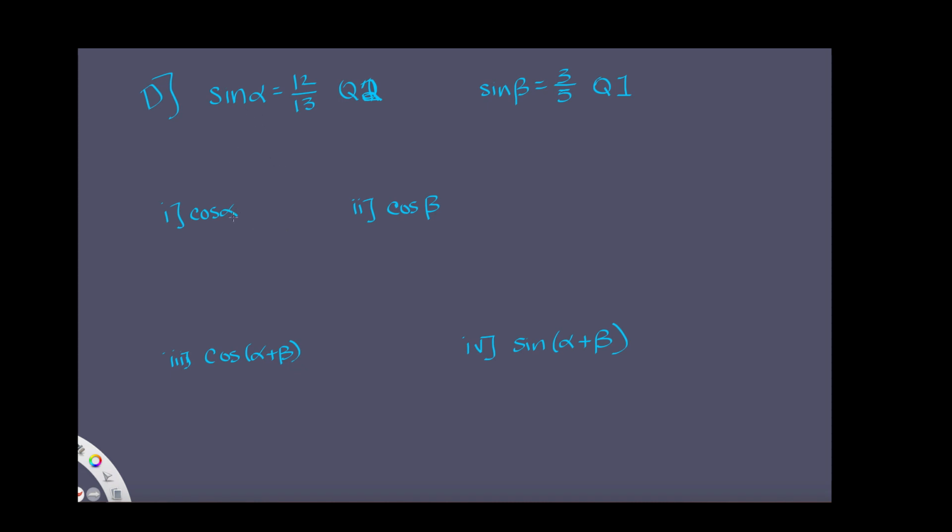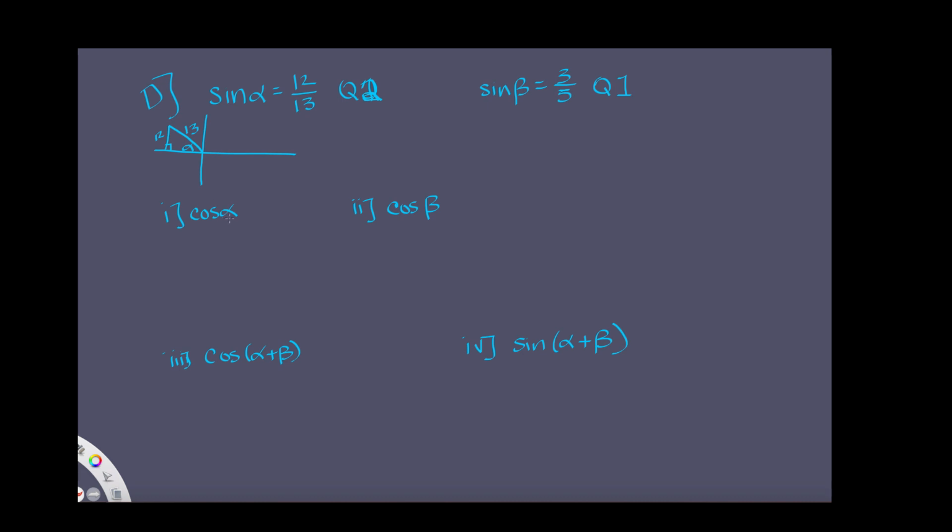We know angle alpha is in quadrant 2 because we're told that, and the sine of alpha is 12/13. So alpha is an angle in quadrant 2, and the sine, which means opposite over hypotenuse, is 12/13.